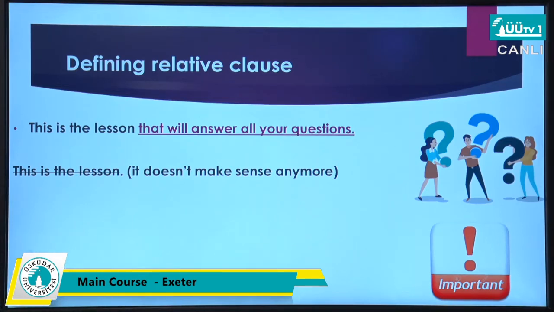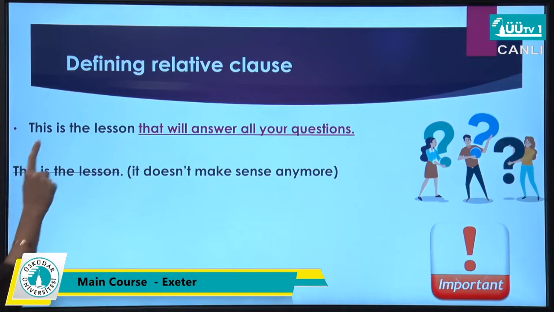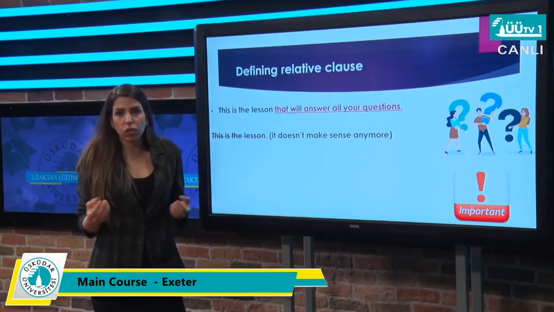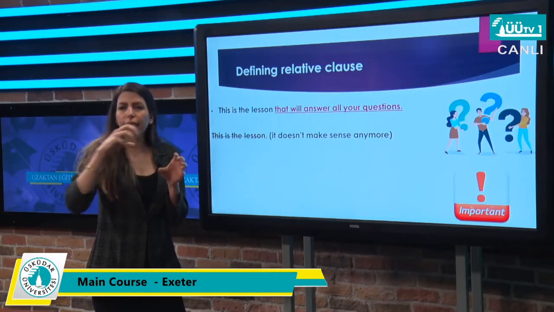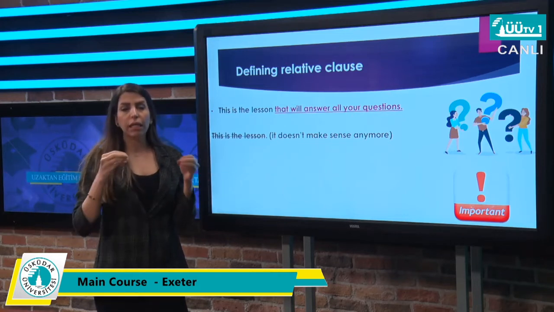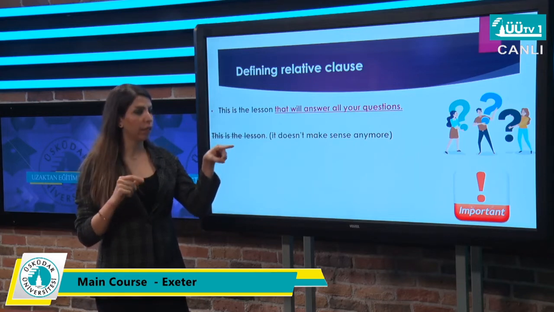As I told you before, it is essential. So if I delete this part, which is the defining relative clause, the first part is meaningless. It actually has no meaning. So you cannot take out this part from the main clause. The meaning of the main clause depends on that defining relative clause.